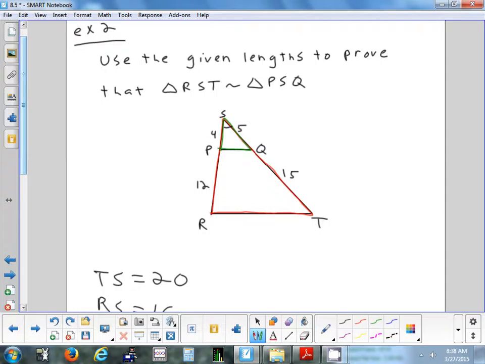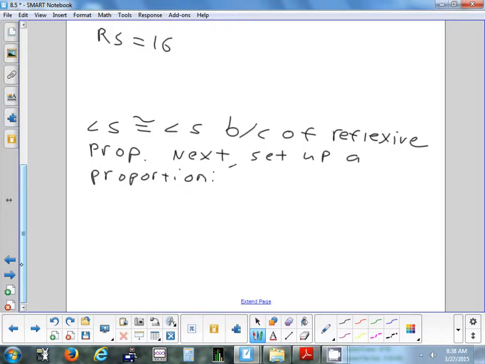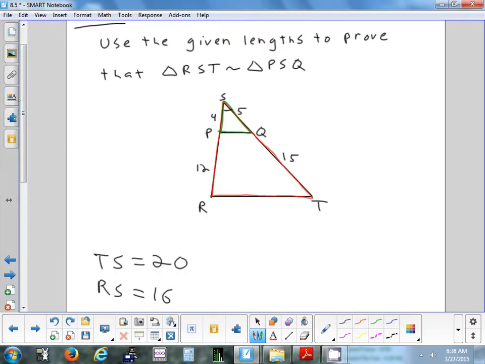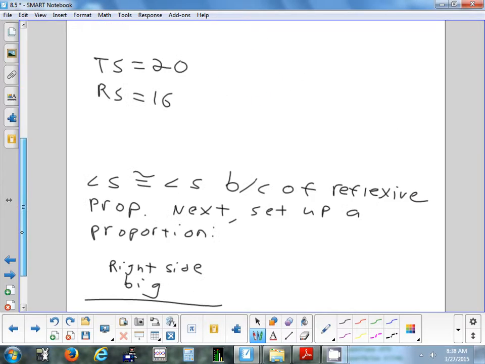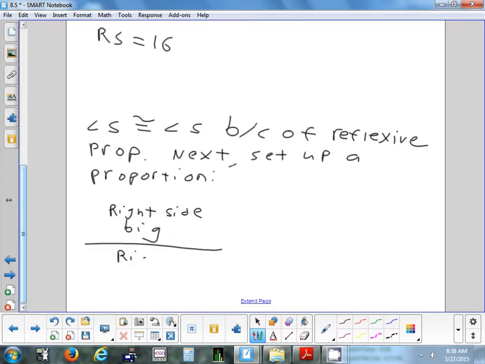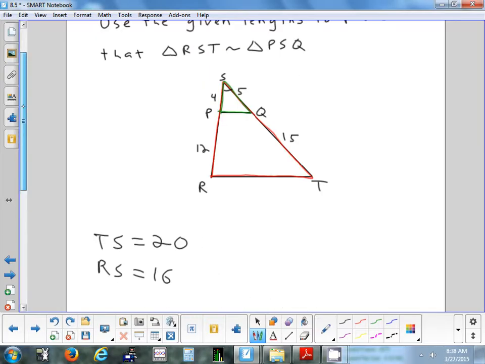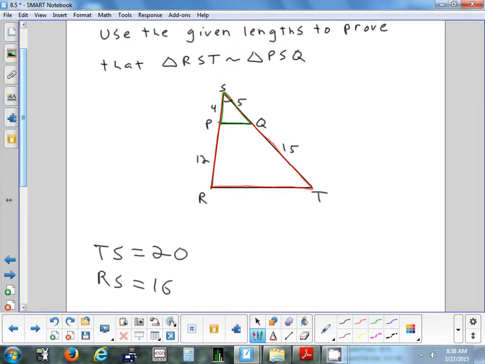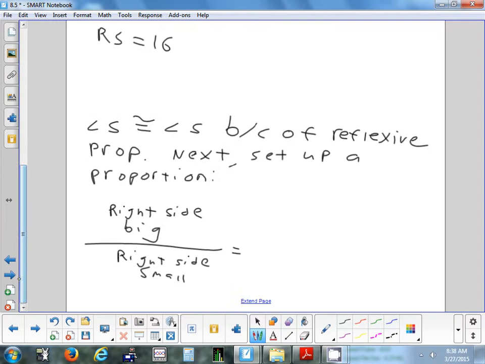So we're going to compare the right side of the big triangle to right side, small. Well, then we're going to have to compare it to left side big over left side small. Okay? And see if it comes out proportional.